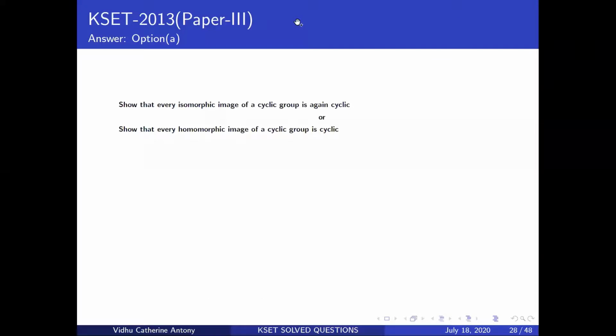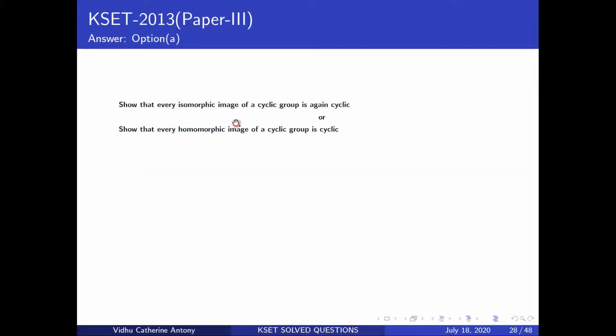Okay, so we were discussing isomorphism and homomorphism. You can show that every isomorphic image of a cyclic group is cyclic. If it is an isomorphism, it's going to be a homomorphism.